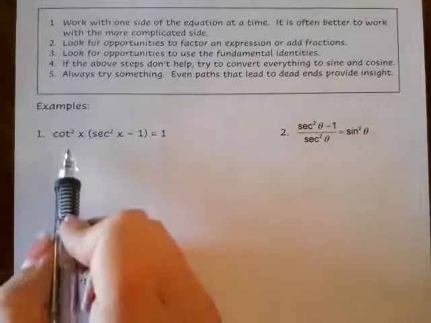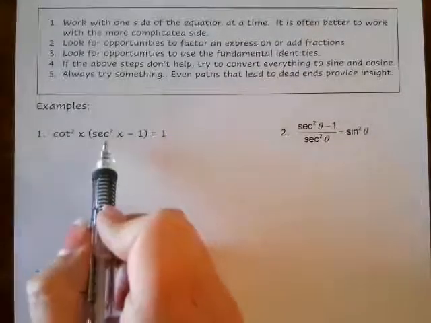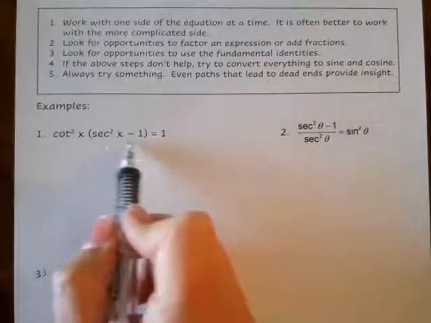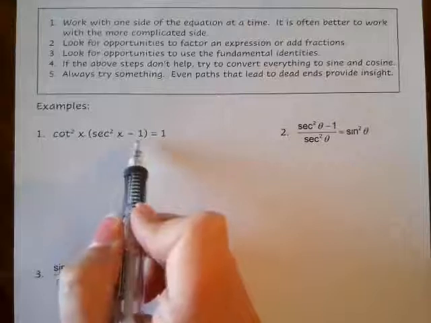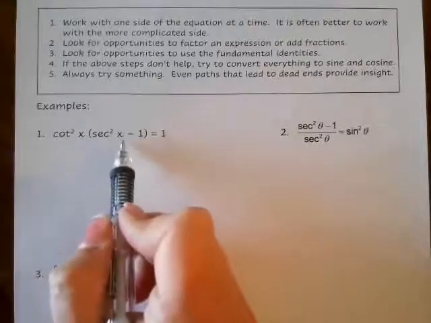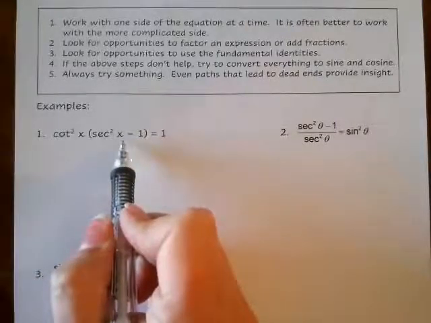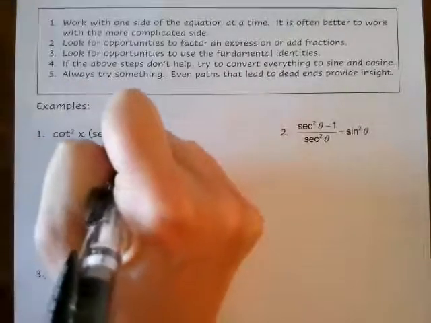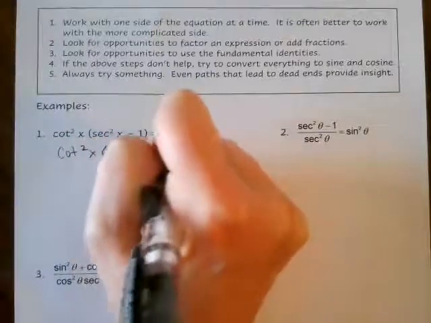All right, so when I see this cotangent squared of x times secant squared of x minus 1 is equal to 1, I see this right here as one of my identities. Secant squared of x minus 1 is the same thing as tangent squared of x. So that's what I'm going to start with first. I convert this to a tangent squared of x.